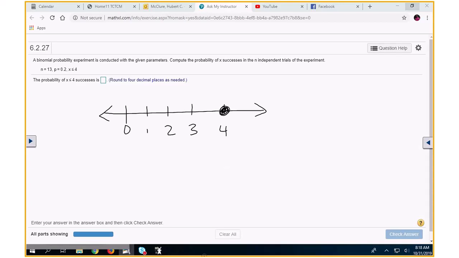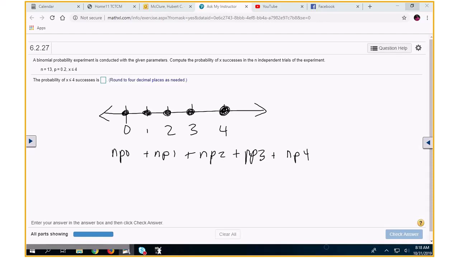And then what is less than 4? 4, 3, 2, 1, and what? So you're going to do NP0 plus NP1 plus NP2 plus NP3 plus NP4.